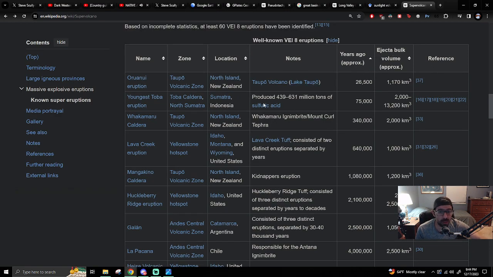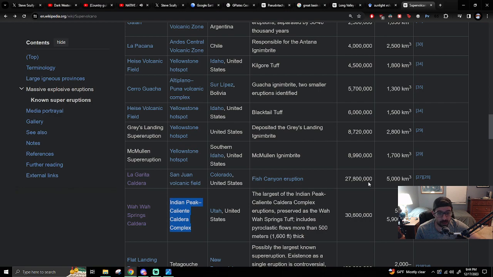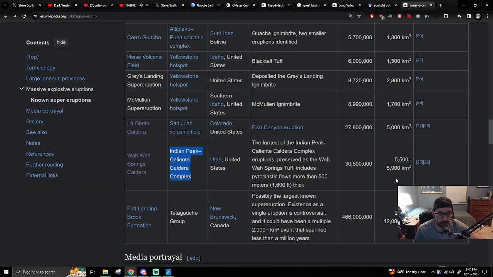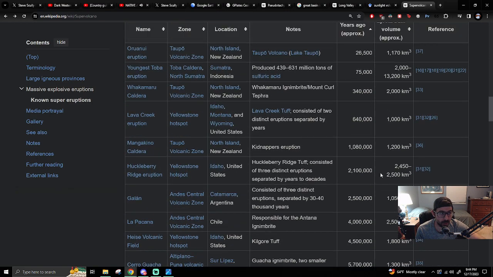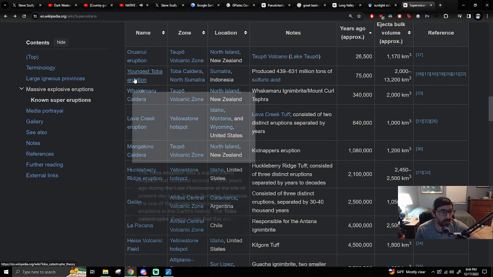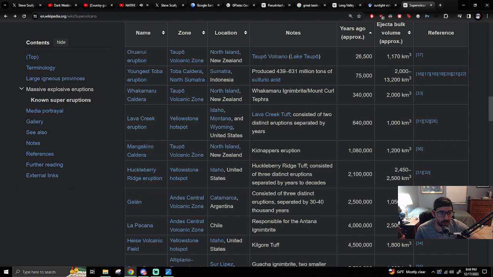Ejecta. 500,000. 600,000. There's Long Valley in this list, though. So it's missing some.